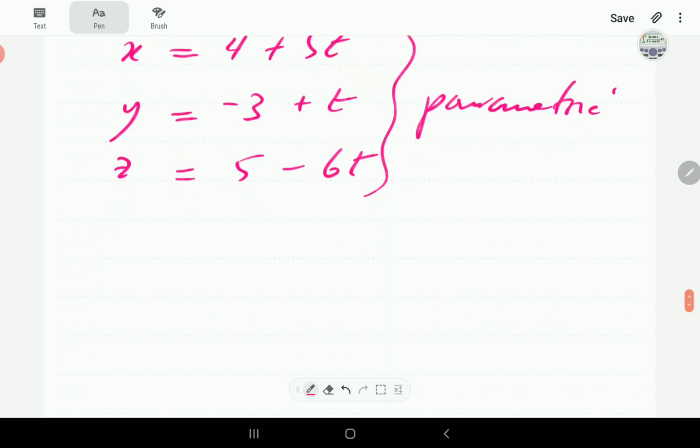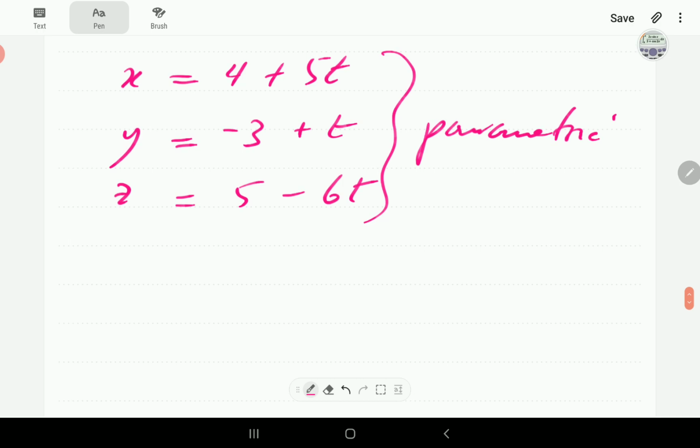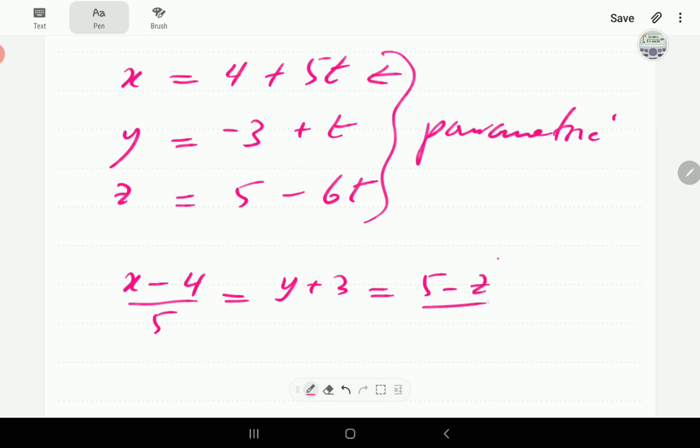Okay, then if you make t the subject of the formula in the x component equation, then we get x minus 4 over 5. In the second equation, we get y plus 3 over 1. And in the third equation, we get 5 minus z over 6. And so that's going to be the symmetric form of the equation.